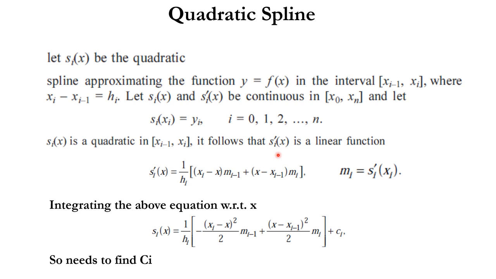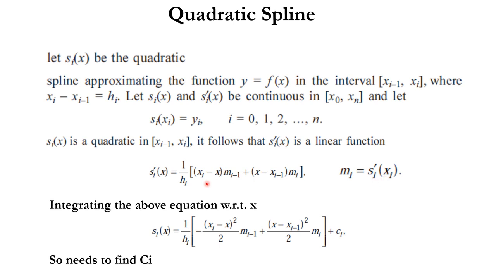So we assume, considering all the above conditions, a form for the Si prime of x. So Si prime of x is assumed to be 1 by hi times [(xi minus x) mi minus 1 plus (x minus xi minus 1) into mi], where mi is nothing but Si prime of xi.